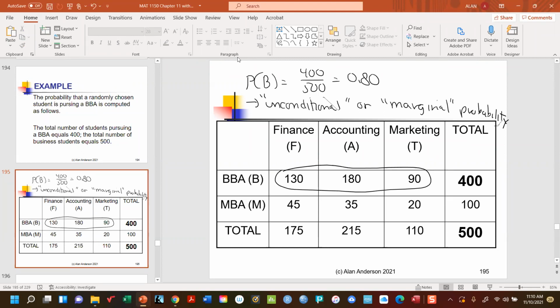Okay, I don't want you to have to get stuck memorizing a bunch of stuff, but these words mean that we're simply looking at a single event, not two, just the one. And in this case, that would be getting a bachelor's degree.